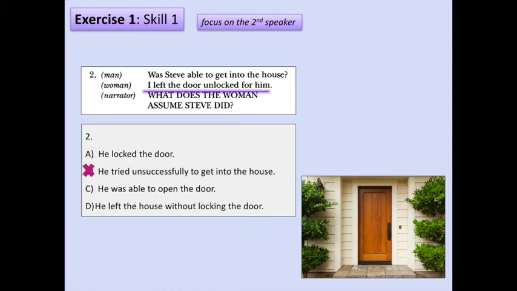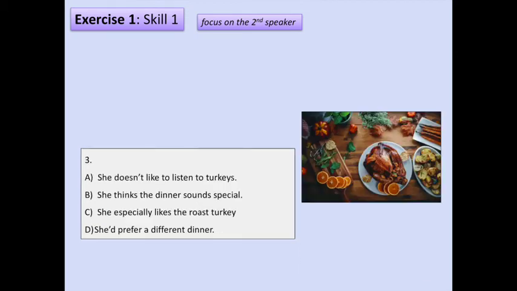B is not correct. She didn't say anything about that. C, he was able to open the door. Well, she said that she left the door unlocked for him. So we can make the intelligent guess that he was able to open the door because it was unlocked. So C is our answer.